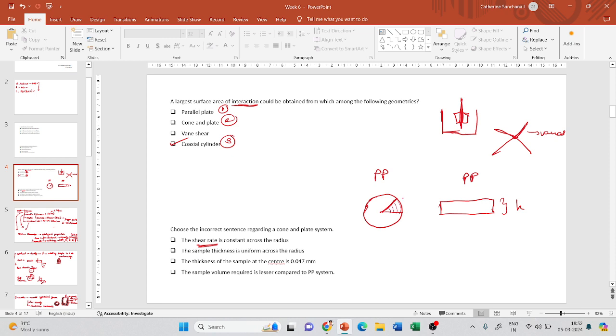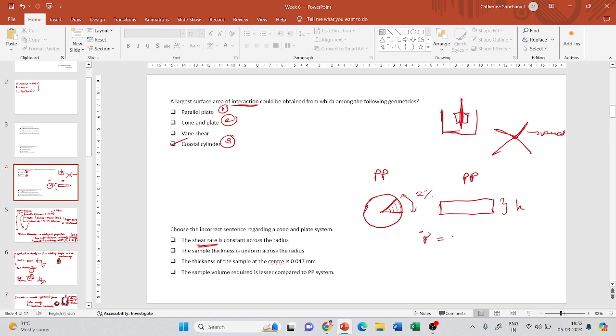Let us say I apply a 2% strain, it is getting applied only at the outer edge, which means at all the inner portions, at each radial distance, the strain is not 2% but something lesser than that. Since the height is constant, the shear rate will keep varying. Why? What is shear rate?